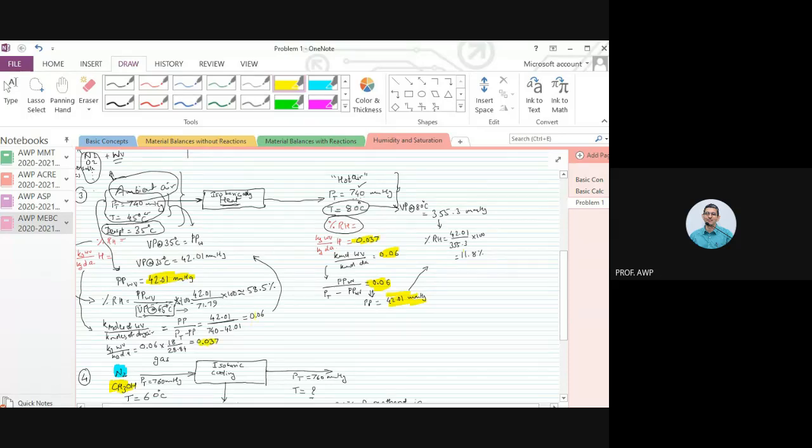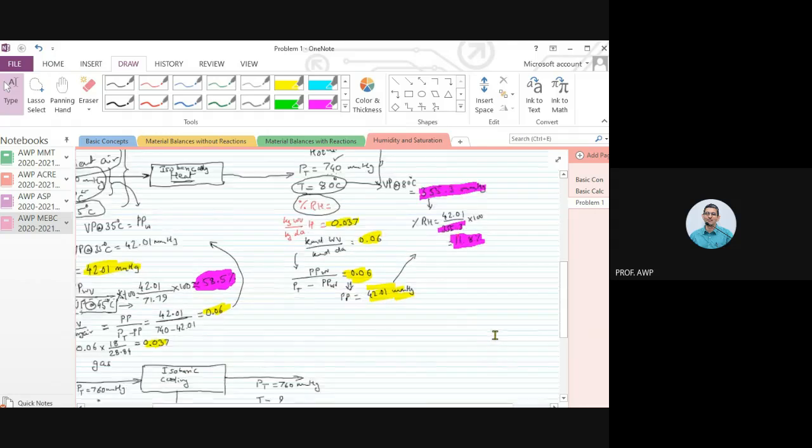But because the temperature has changed, the ability of the air to hold the water vapor has gone up tremendously, because it is as per vapor pressure, and therefore vapor pressure has gone up from what was the value at our whatever 35 degrees centigrade. Now it has gone up to 355, and now the relative humidity has reduced to 11.8%.